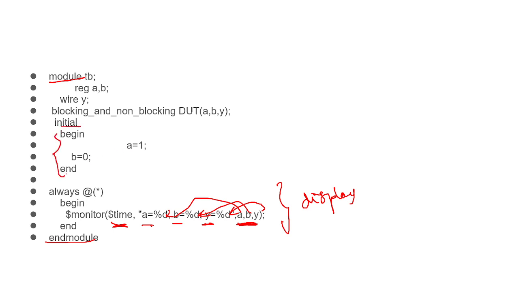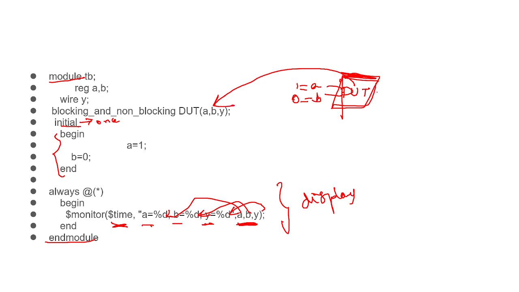So initial will execute once. Okay. So I am initializing that A as 1 and I am initializing the B as 0, and this block I have to instantiate. So I am instantiating as DUT here, and then I have to store this output in a variable.